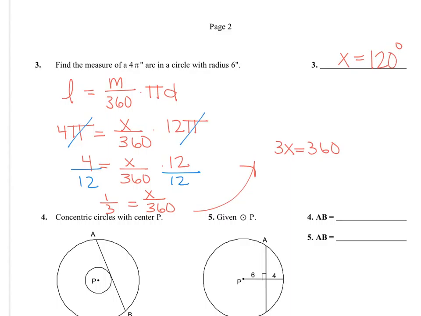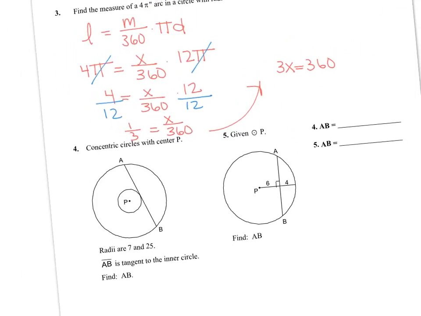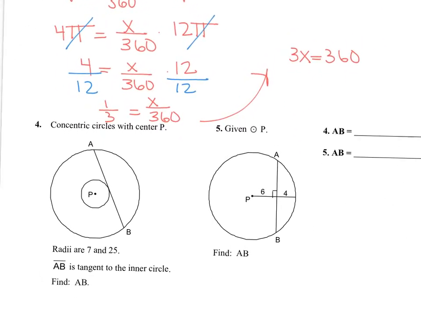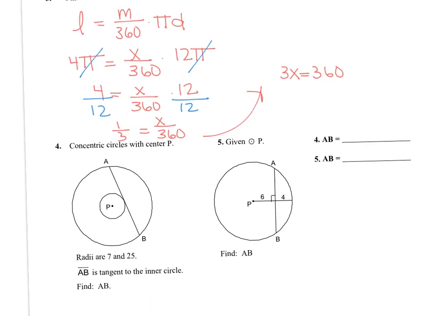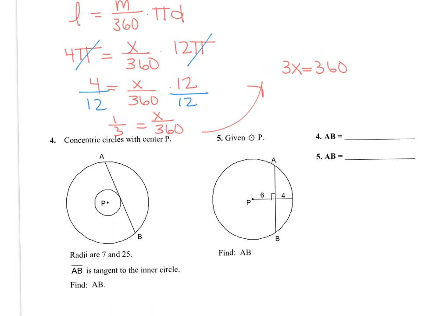Okay, number 4. Concentric circles with center P. Okay, so P to the point of tangency is 7. P to A or P to B is 25.